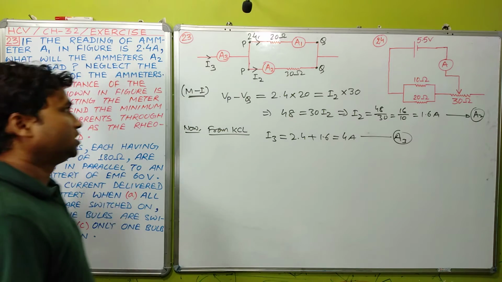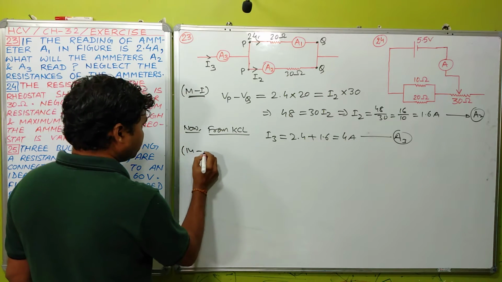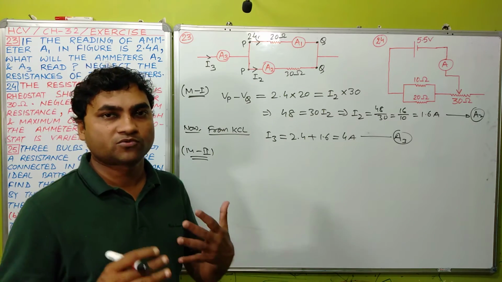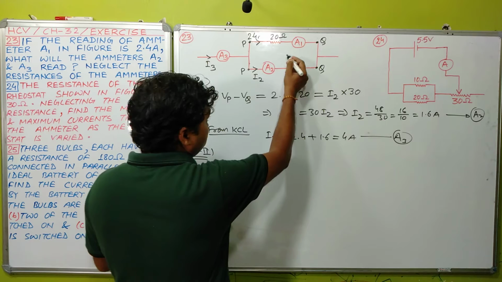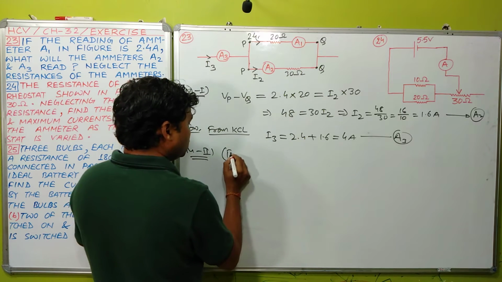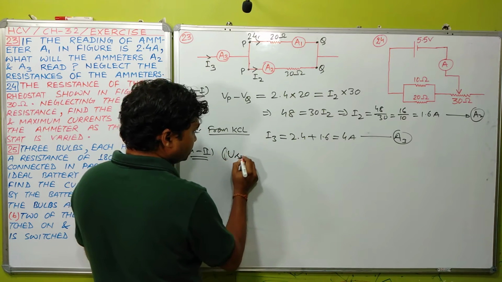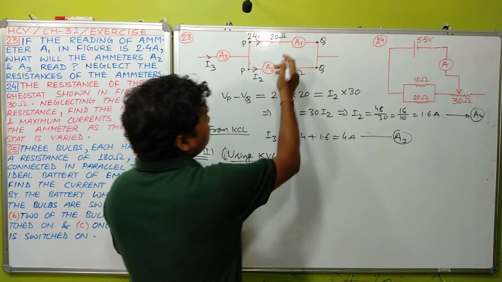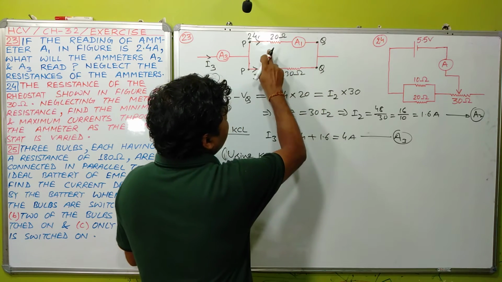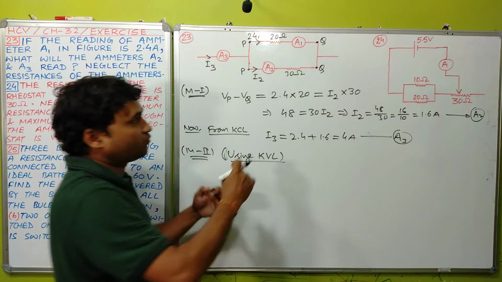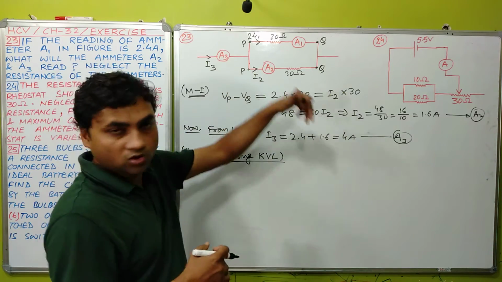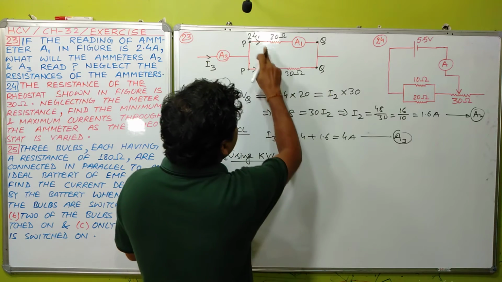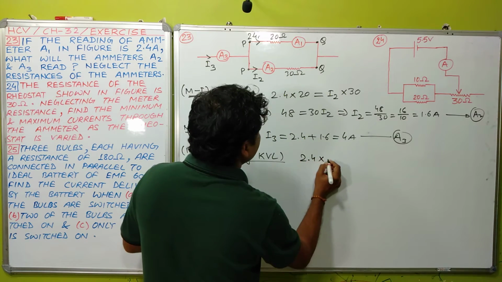Now students, you can also solve this question another way, method 2. If you want to use Kirchhoff's voltage law, the loop law or Kirchhoff's second law, you can solve this question using that law. In this loop, the sum of the potential differences across all resistors should be equal to 0. The potential difference across this resistance will be IR, 2.4 into 20.